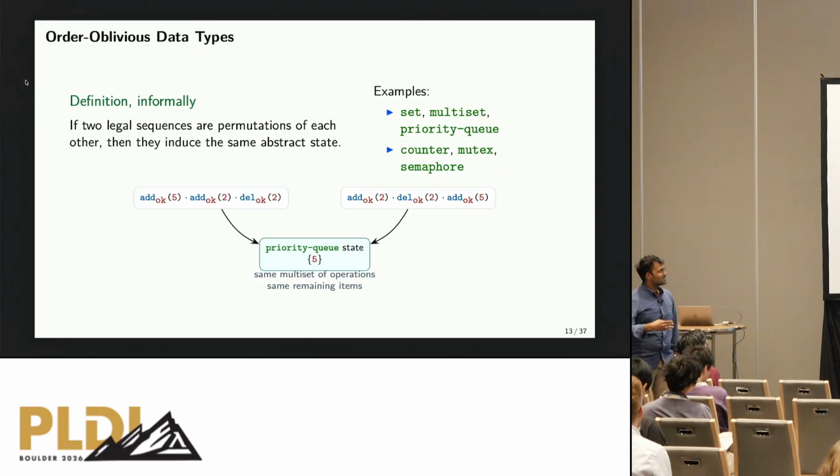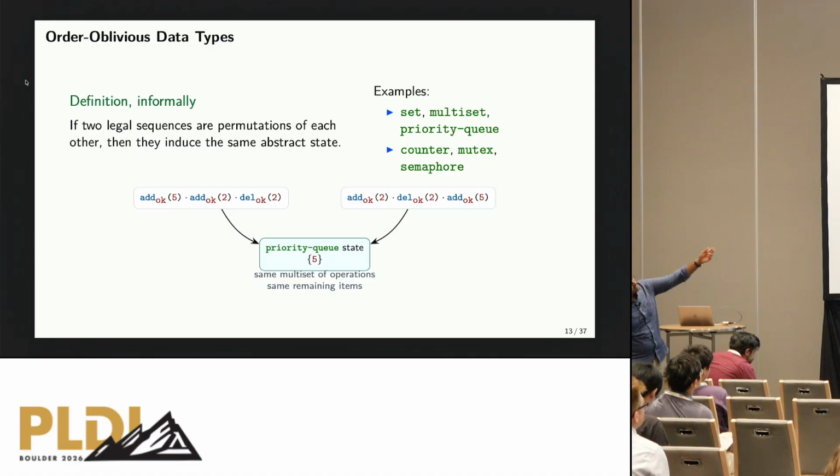By state, I mean something like the internal state of the data structure. For example, over here, if you look at these two executions, they're both valid, and they're both permutations, and they both land in this common state where the element stored in the priority queue is just the singleton set 5. That is why I call them order oblivious.